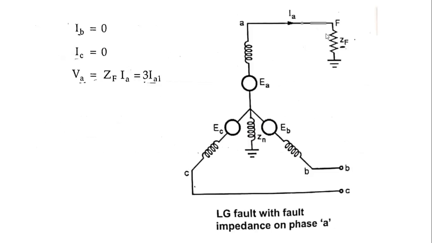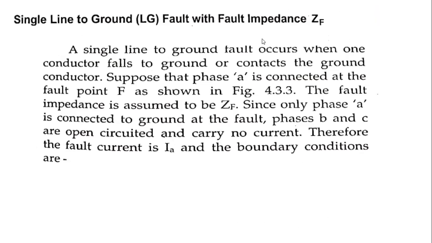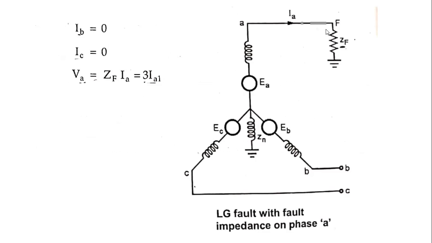In the previous class we discussed only the fault current between phase A and the ground, with no impedance between the ground and the phase. But in this case, when the fault impedance is connected between the ground and phase A, we will discuss how the fault current formula changes.